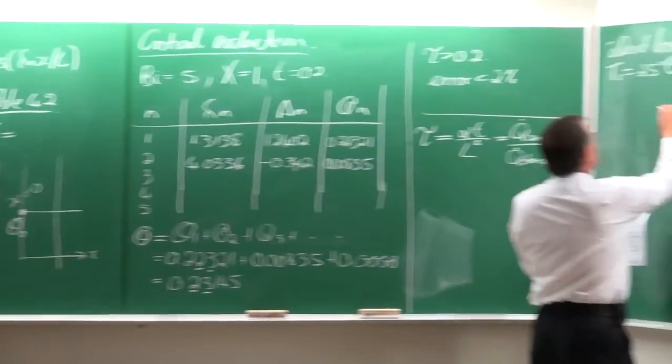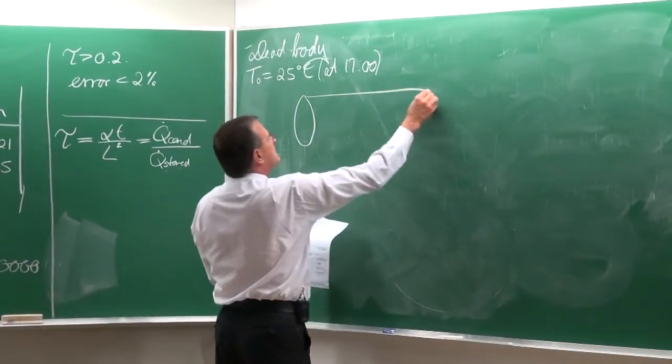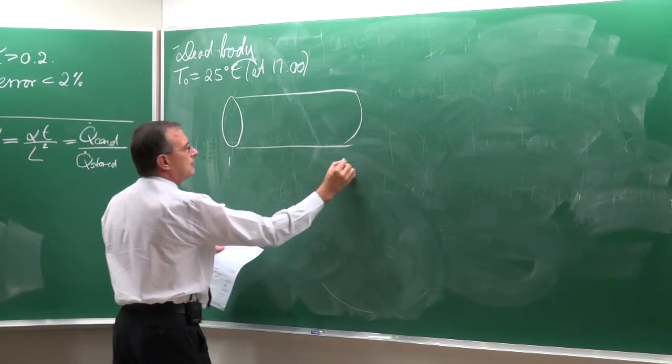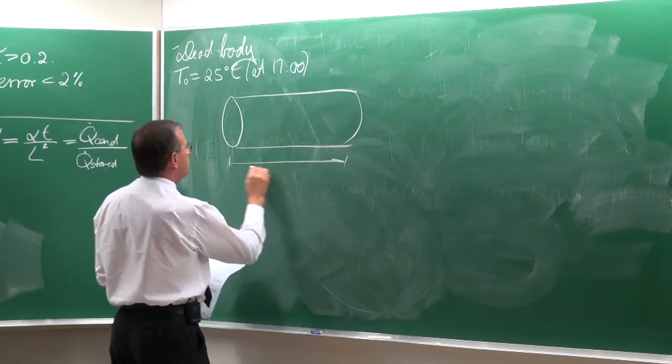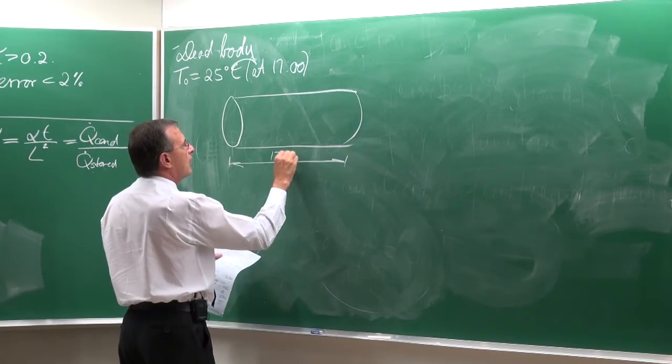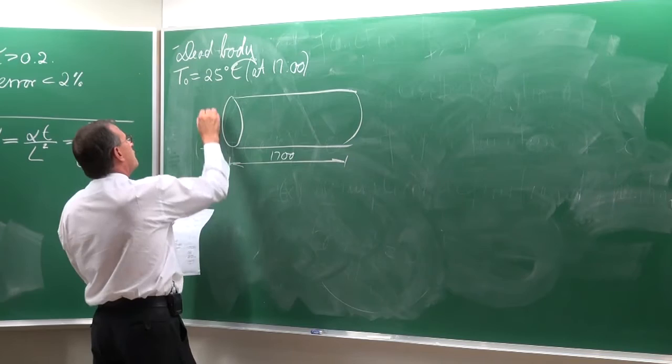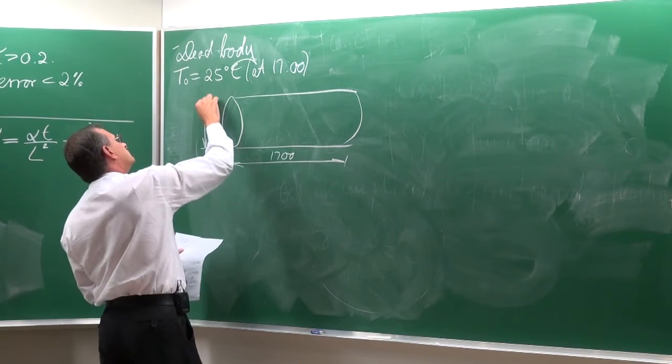So let's suppose it's a cylinder. Looking at this person, we would say an approximate height of 1.7 meters and an approximate diameter of 300 millimeters on average.